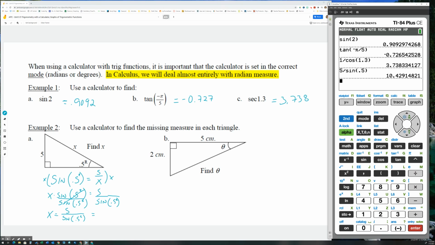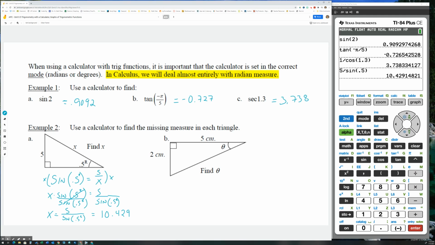And so we now know that the value of the hypotenuse is 10.429. In this case, there are no units for the length of the side, so we're not going to worry about it.